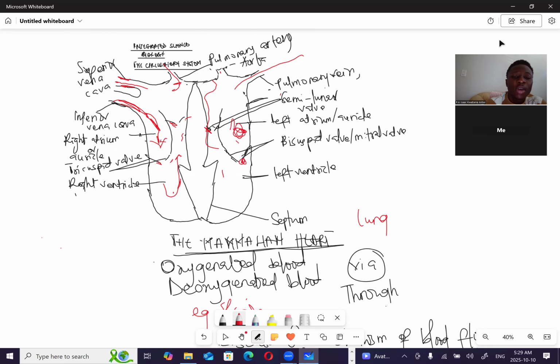That semilunar valve opens to allow the blood to flow to the aorta. And from the aorta, the oxygenated blood is pumped to all parts of the body. So the brain cells receive the blood with oxygen again. The spleen, kidney, muscles, any organ you can think about, receives this blood with oxygen.